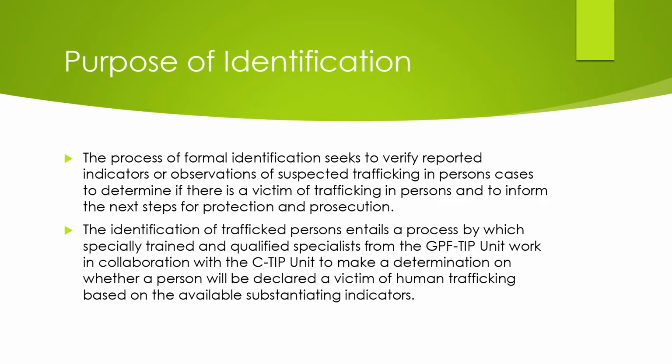reports that are being made, and to then determine, one, if more information is needed. They may need to do other activities to concretize and to validate the indicators that are reported by doing surveillance. They may need to do a rescue operation because the indicators are pointing to somebody being in danger and that immediate action is needed.